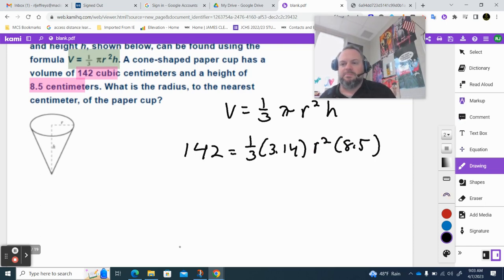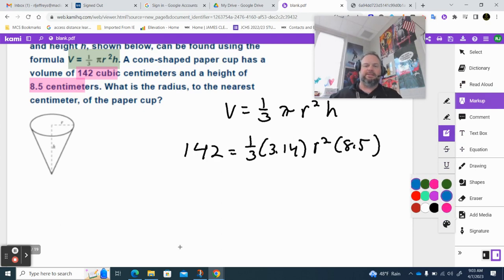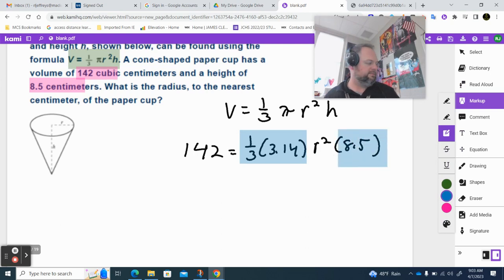Now, again, that doesn't make a lot of sense. Well, let's multiply these things together. Actually multiply 1/3, which is the same thing as dividing by 3. It doesn't matter. Times 3.14. Fat finger dodged, hit the wrong thing.